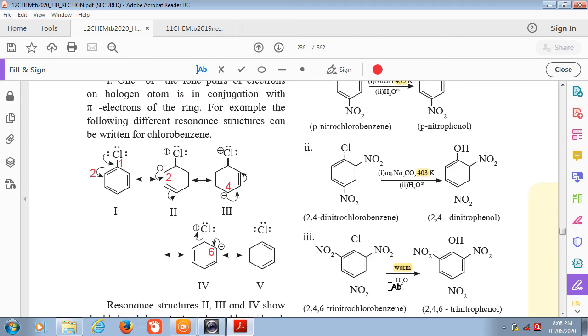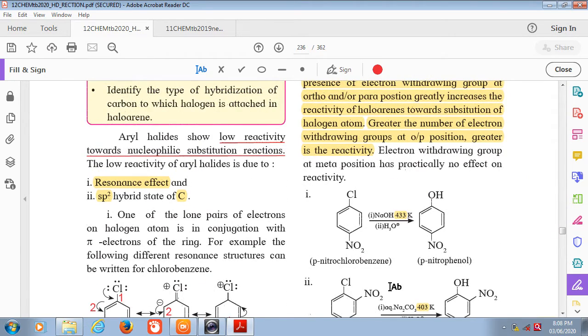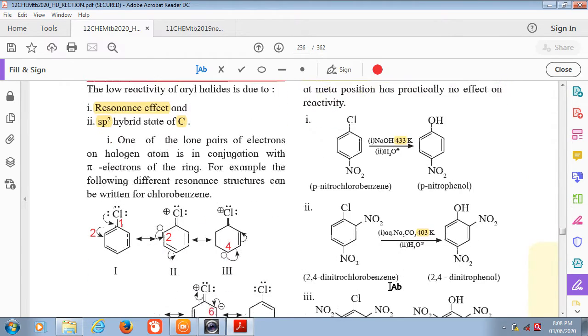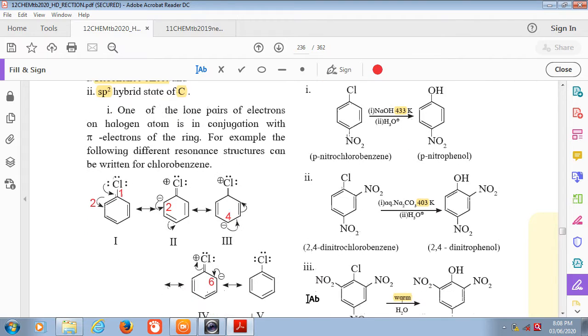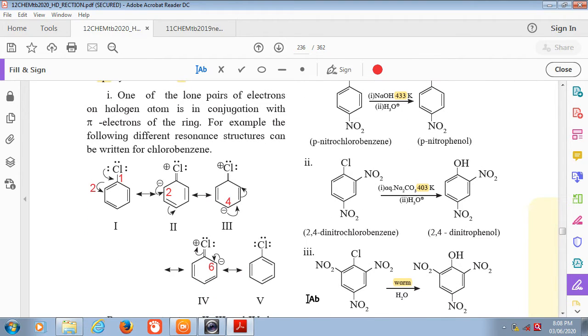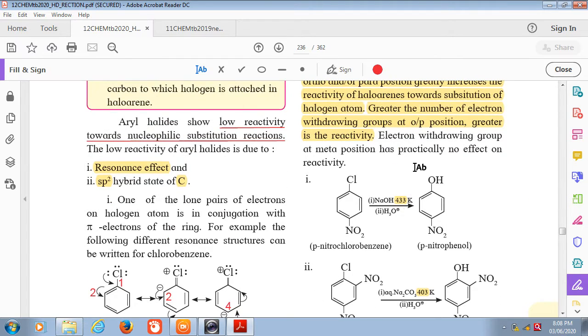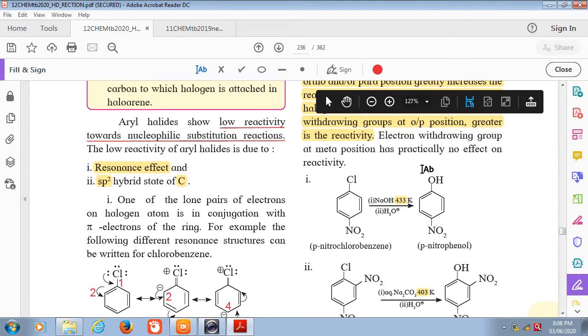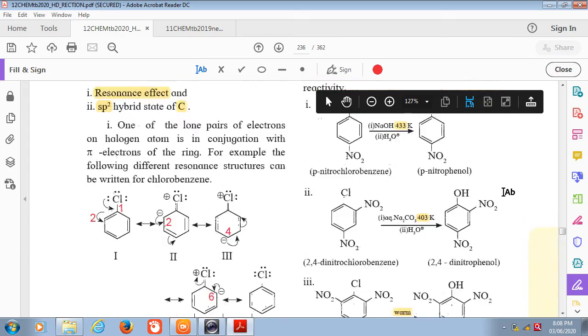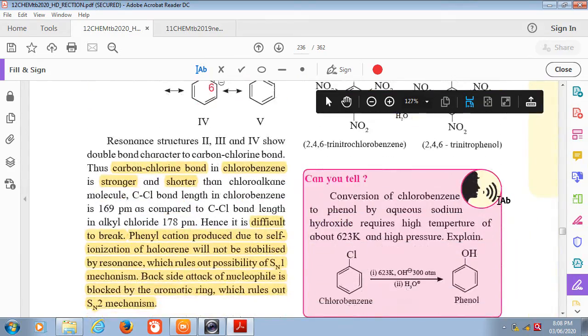So this indicates that the reactivity of the aryl halide chlorobenzene goes on increasing as we increase the number of groups: 1 NO2 group, 2 NO2 groups and 3 NO2 groups increase the reactivity of chlorobenzene. But if the electron withdrawing group is at the meta position, there is no effect on the reactivity. Remember this.